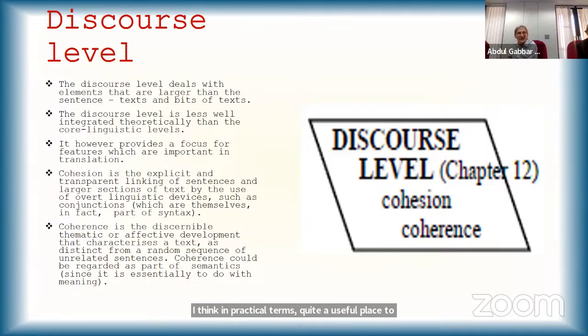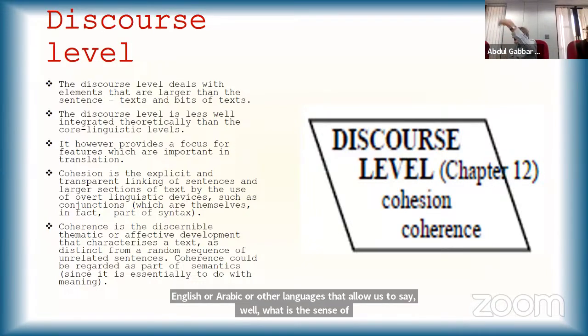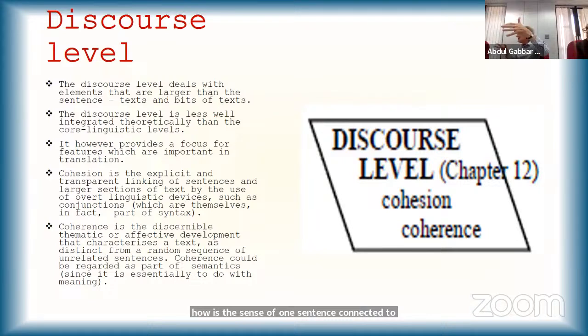So they take these notions from Halliday and Hasan of cohesion and coherence, which I'm sure people know about. And they're very useful notions, actually, that cohesion is all these words like wa and fa and thumma in Arabic and walidhalika and so on, and words like and, so, therefore, finally, all these little words in English or Arabic or other languages that allow us to say, how is the sense of one sentence connected to that of another, and actually beyond that to sentences that may be quite distant from one another.